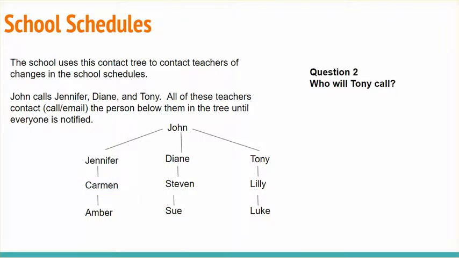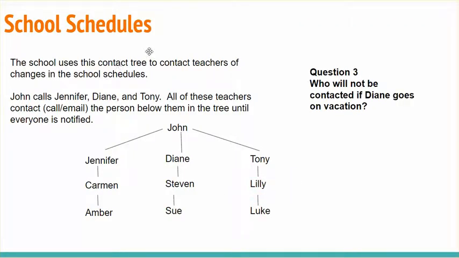Who will Tony call? Okay, so Tony's over here, and we see that under Tony in this tree is Lily. So we see that Lily is called. Now, I put in another question, which is an interesting one.